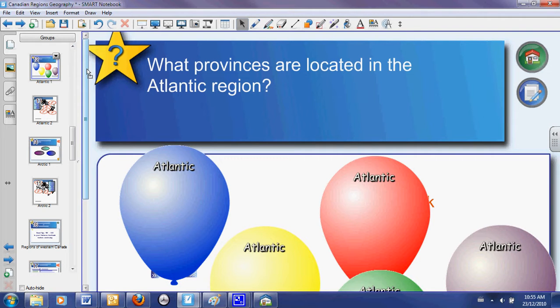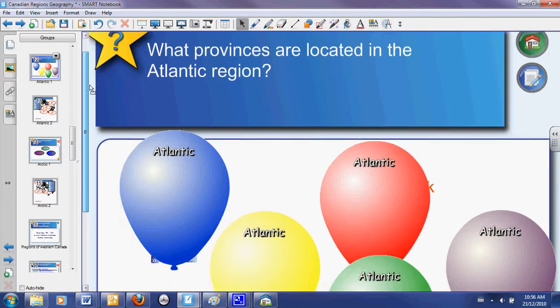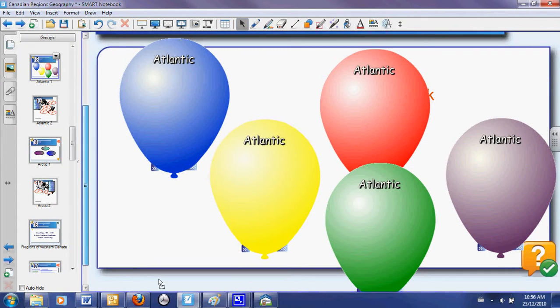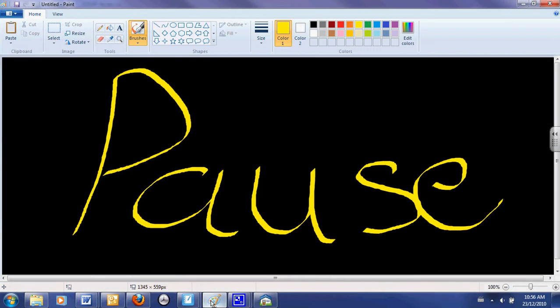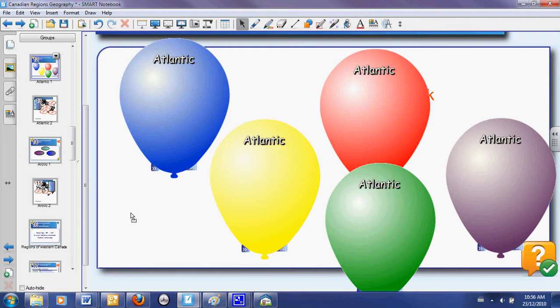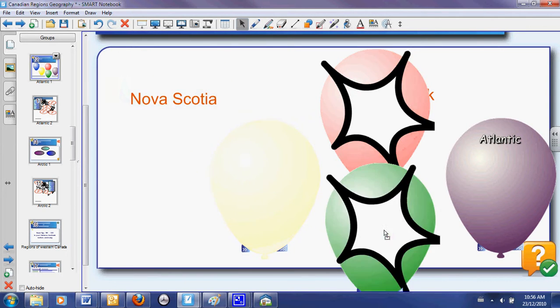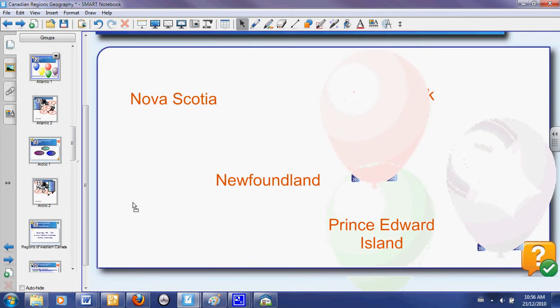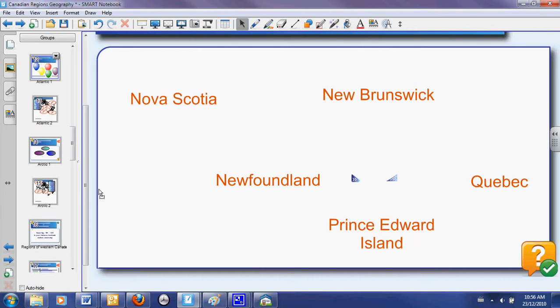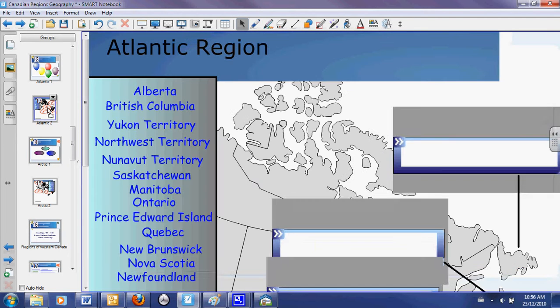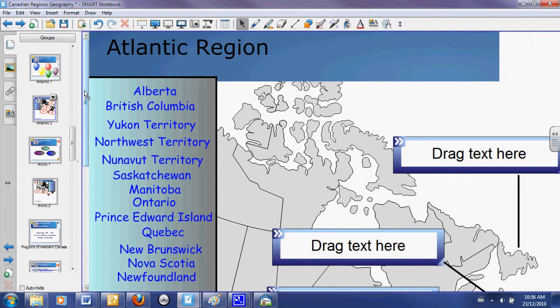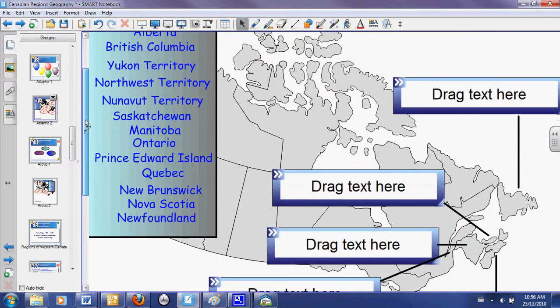This frame is asking us what provinces are located in the Atlantic region, and there are 5. The next slide is asking us to identify again the provinces in the Atlantic region.